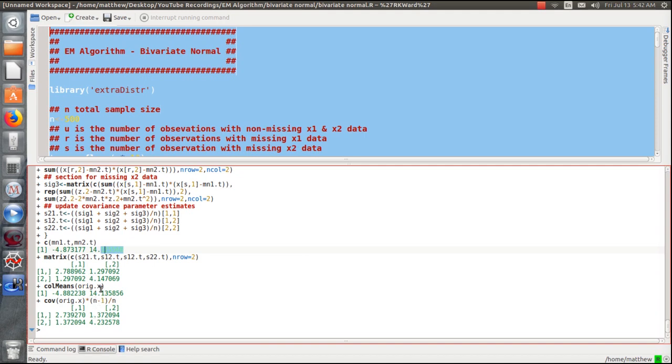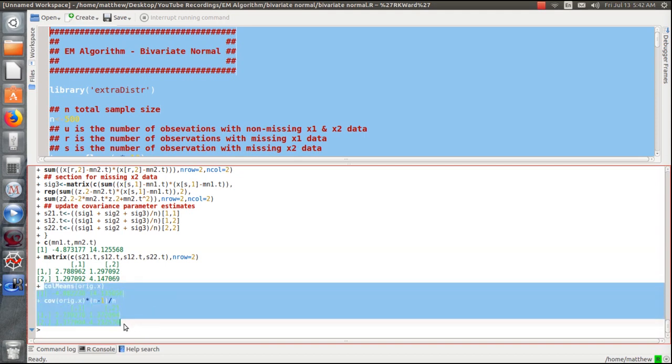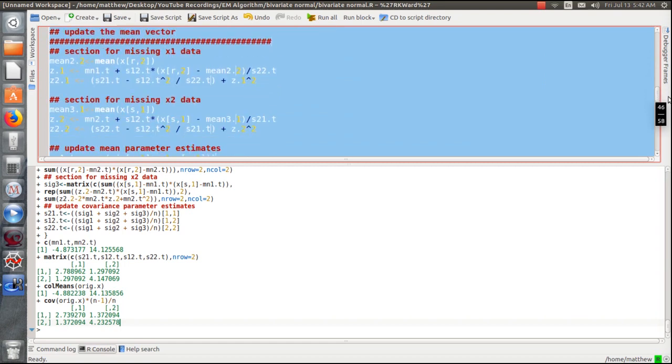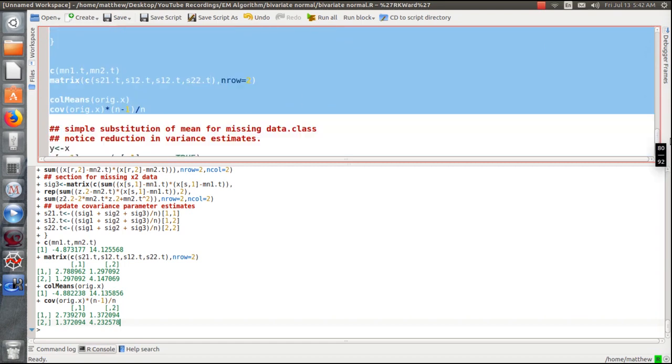What's pretty amazing is that it's pretty darn close to our original data. So this is the maximum likelihood of our original data. And 4.14, 4.23, 2.73, 2.78. The mean vectors are very close. To me, it's just amazing how that works.